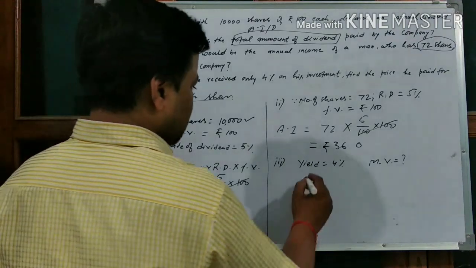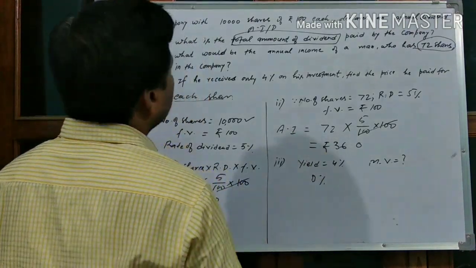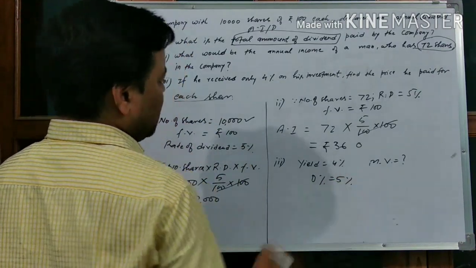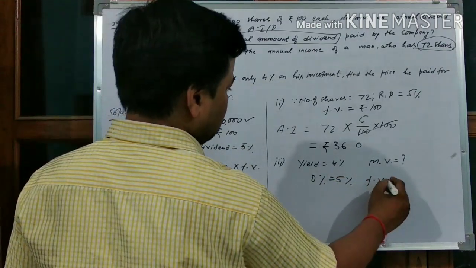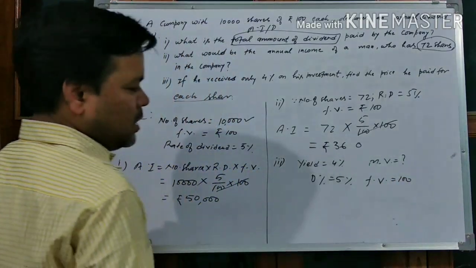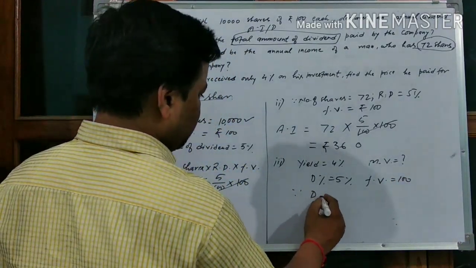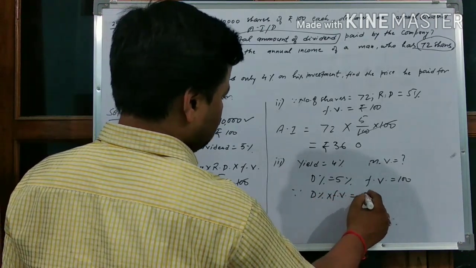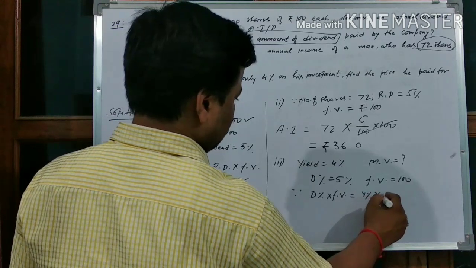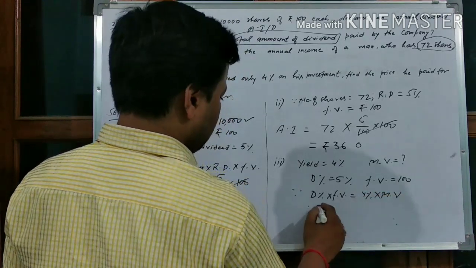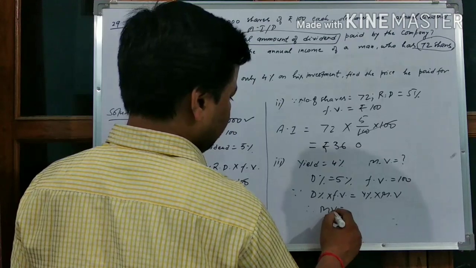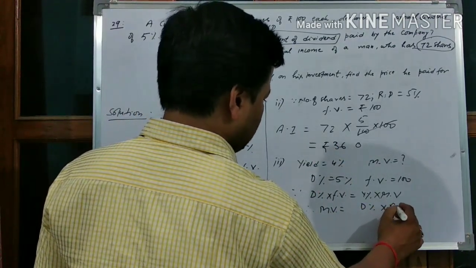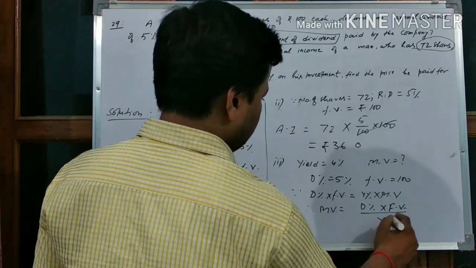But we know that the dividend percent is 5%, and the face value is also known, face value is equal to 100. So since we know this formula, dividend percent into face value is equal to yield percent into market value. Therefore, market value is dividend percent into face value upon yield percent.